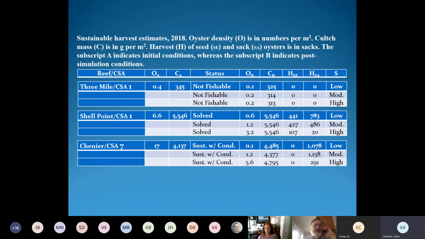We have the reef and what coastal study area it is, the oyster density, the initial oyster density, O sub A, the initial culch density, a description of the simulation result, and then O sub B is the final oyster density, that is after the simulation. C sub B is the final culch density.